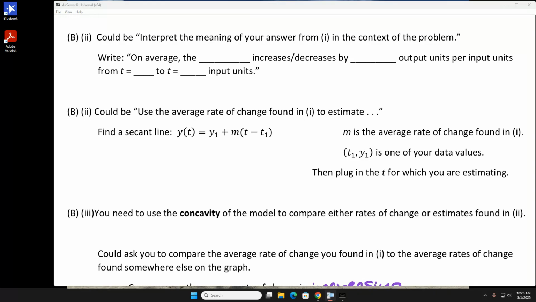If you're asked to interpret the meaning of your answer for the average rate of change in the context, this is a good way to write it. In calculus, we call it the nut method, where you have a noun, which is what you would put right here, and then a unit, and then a time. So if you include the noun, the unit, and the time, you're probably going to get it right.